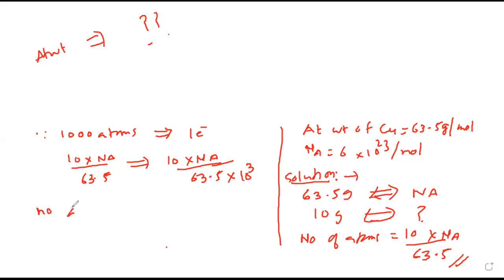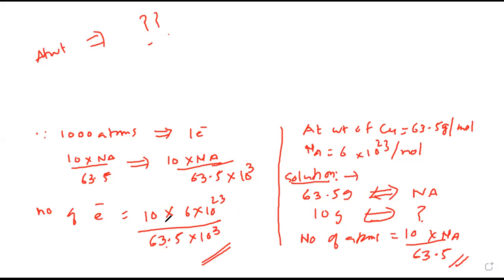So number of electrons will be 10 into Avogadro, which is 6 into 10 raised to 23, upon 63.5 into 10 raised to 3. I hope this line also you followed.